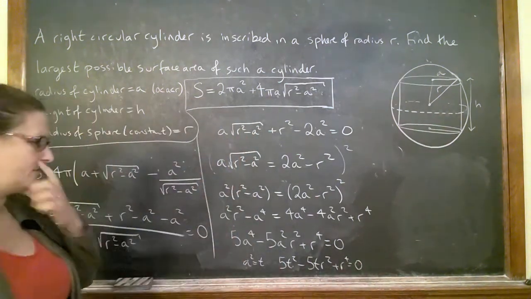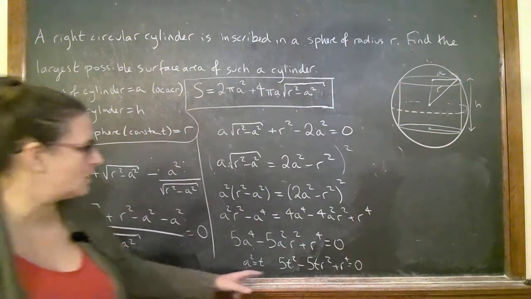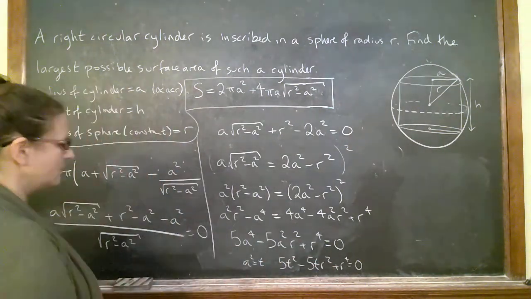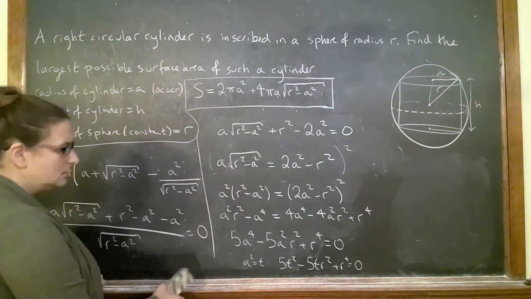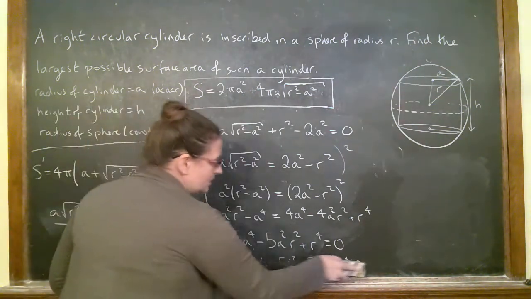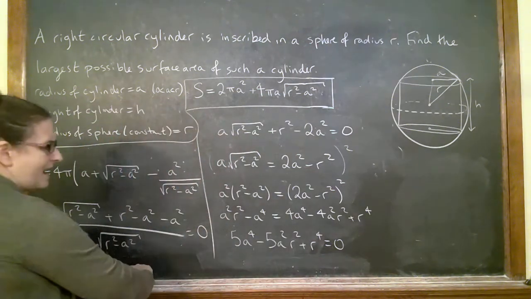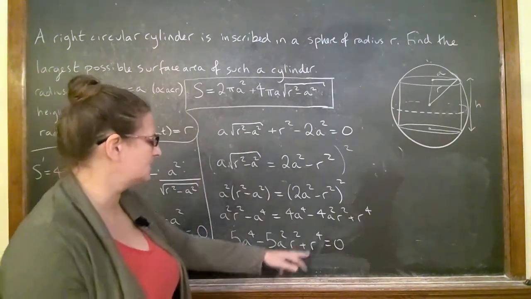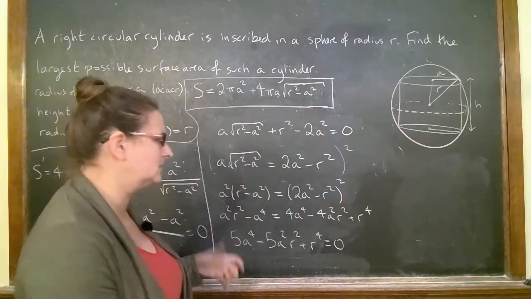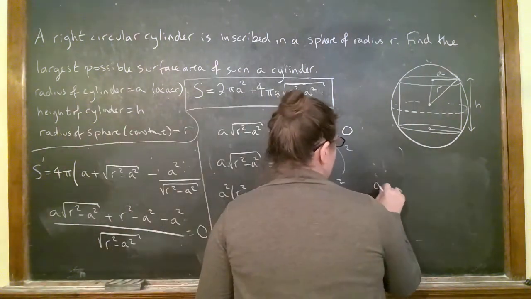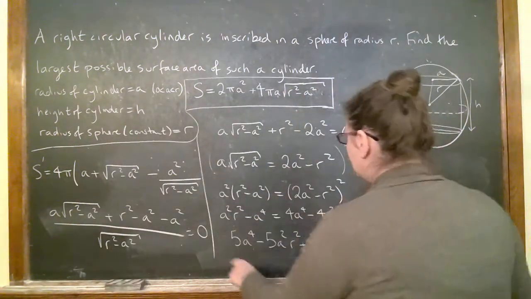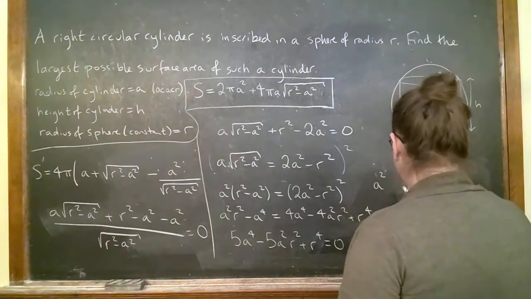You can do it that way if you want. So you can see it as a quadratic thing. Or you can just keep it with a squared, which is what I'm going to do. So I'm solving this with the quadratic formula, but for a squared.